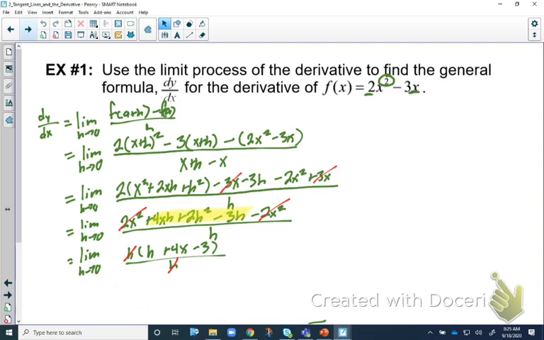So now I'm going to go ahead and do my limit notation. I'm going to substitute the 0 in here for h and see what I wind up getting, and of course that's going to be 0. So I don't need to write the limit notation anymore, and I'm going to be left with just 4x minus 3. And that is going to be the derivative of function f. In this case, we're writing it as dy dx.